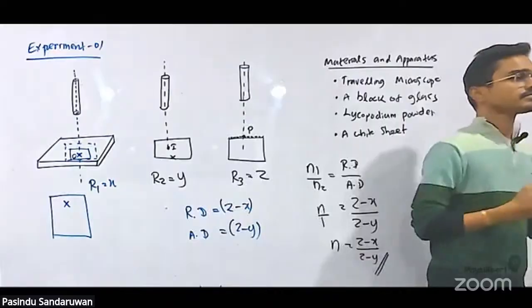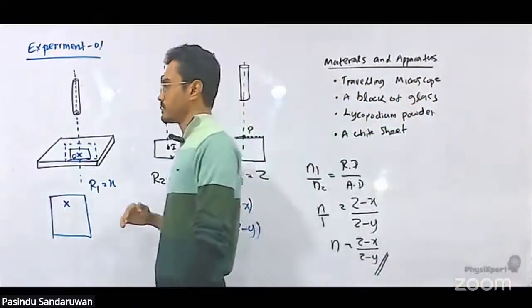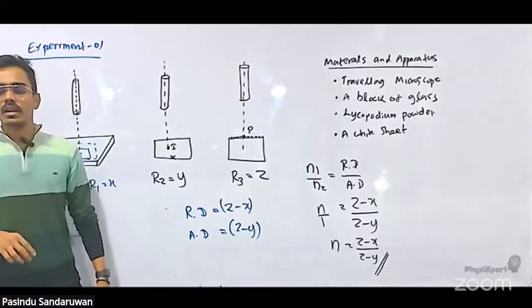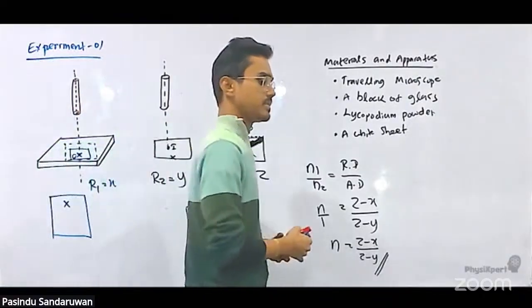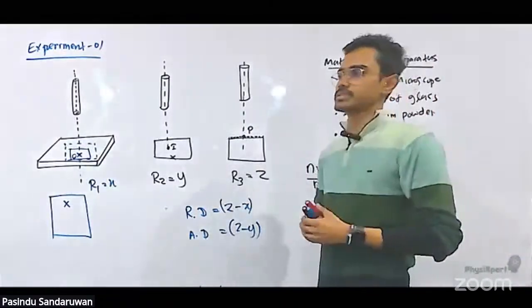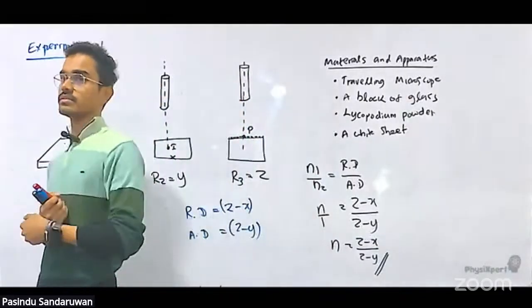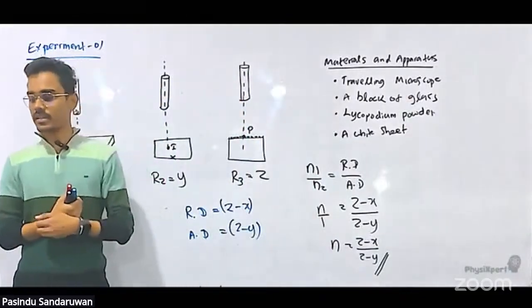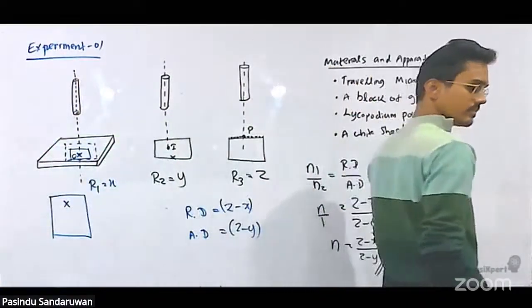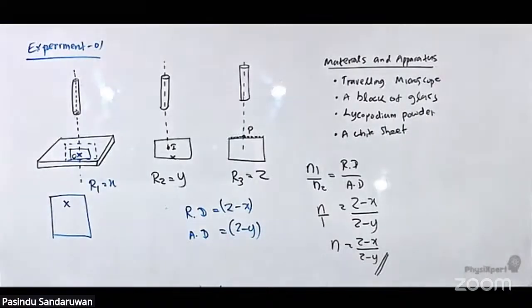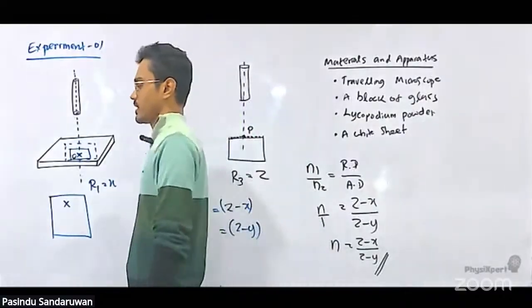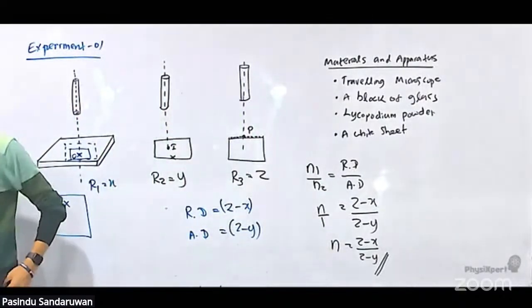First point: level the traveling microscope using the spirit leveler on the instrument.